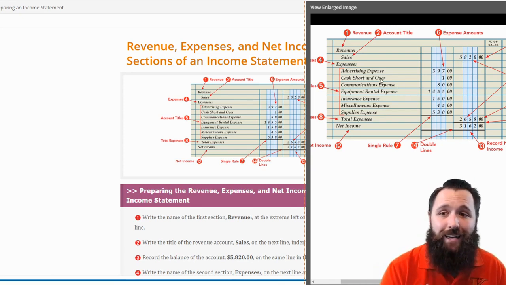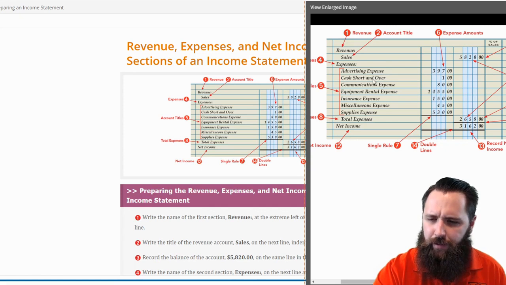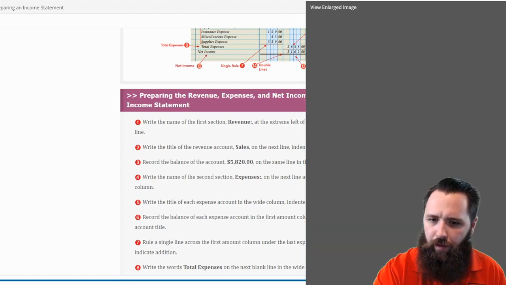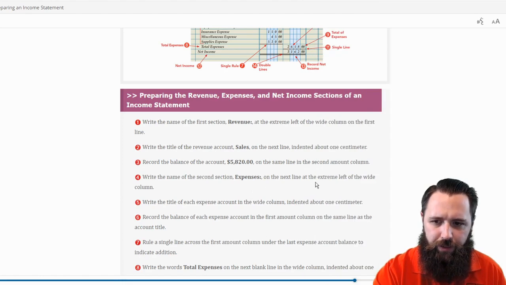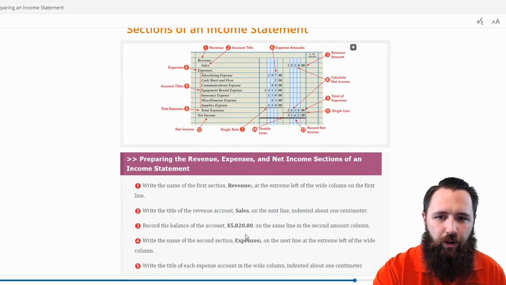Next, our category is expenses. So we're just going to record expenses, okay? There we go. Let me just scroll down here. I just want to see how they're recording expenses. They don't tell us exactly how they want us to record expenses.